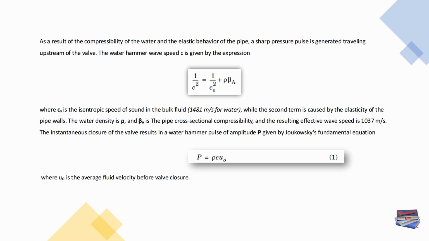It's calculated using this formula. Also, we need to consider Zhukovsky's equation. This calculates the amplitude of the pressure surge based on the water density, the wave speed, and the average fluid velocity before the closure of the pipe.